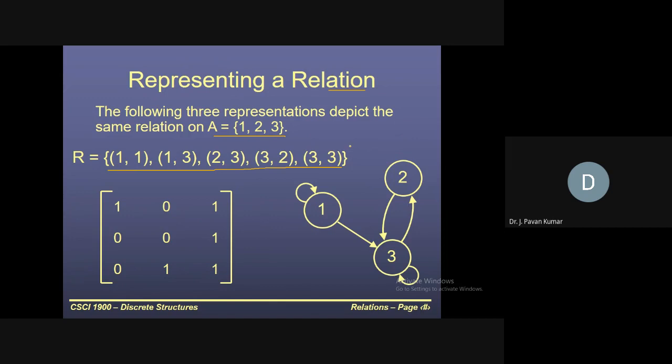Is this equal to the Cartesian product A cross A? No. In the Cartesian product, how many elements, how many tuples, will we be having? 9. But here we are having a subset. So according to the definition also, a relation is a subset of the Cartesian product, so it is satisfying that.